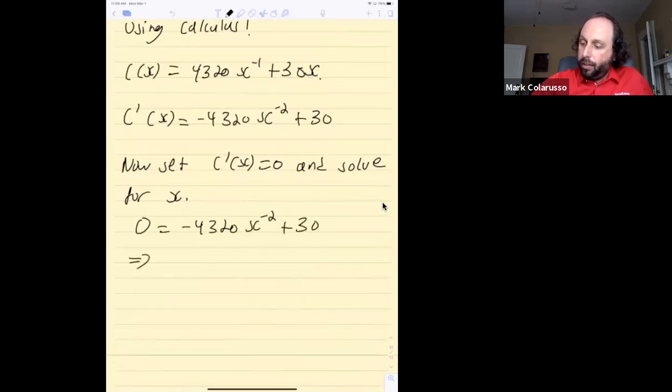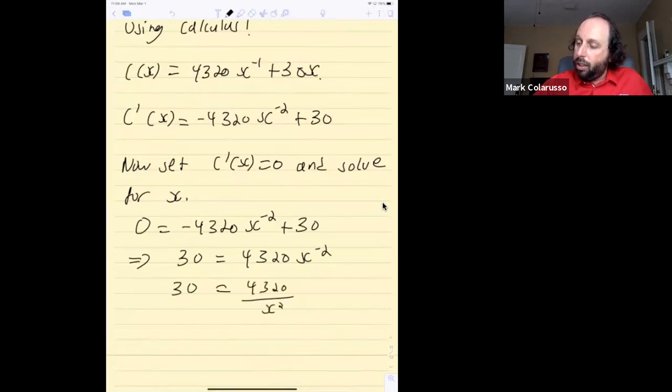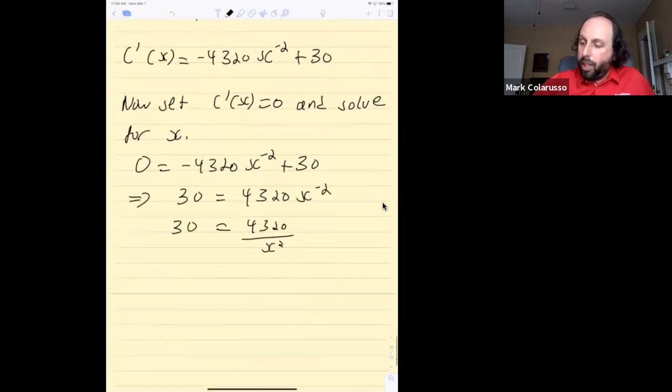So you get 30 equals 432 x to the minus 2. And now remember, what is this x to the minus 2? This is also the same thing as saying 432 over x squared, right? So you can multiply both sides by x squared. You can just cross multiply.